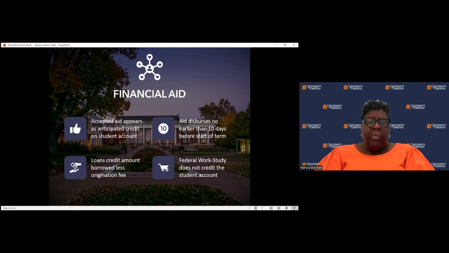And so that's really important. Next, I'm going to be talking about direct deposit, but an anticipated credit is what can happen after the sum of any grants or financial aid, up to and including loans, has showed up on the student's account but not actually been dispersed yet. The anticipated credit is there until we disperse the money.